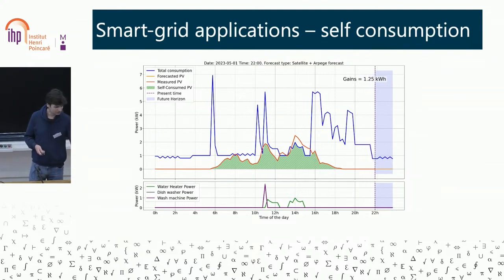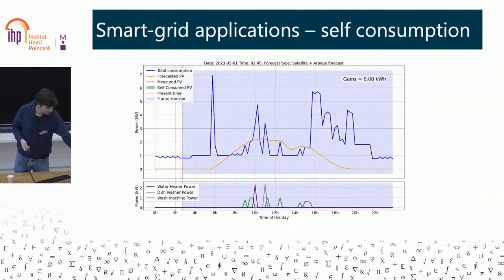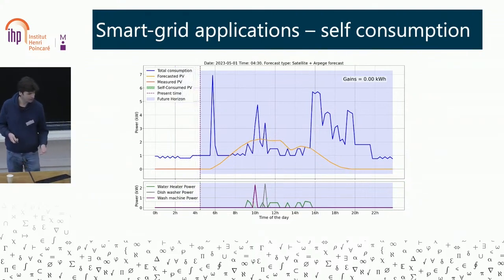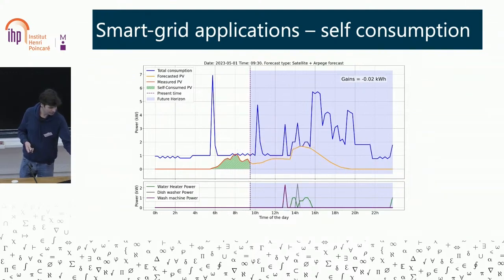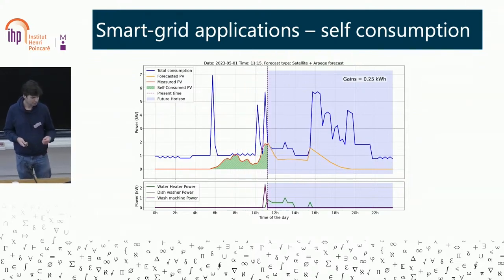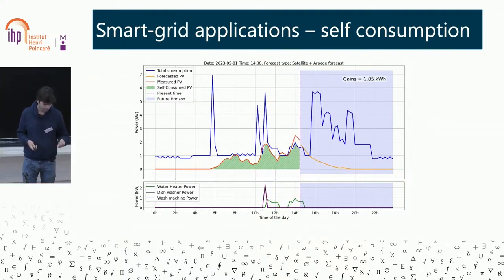So let's go back to the morning. We have a forecast in yellow, and then in orange we have the reality. Once we have the forecast, we can move the program of the appliance to optimize and to give the better place on the schedule for this appliance.